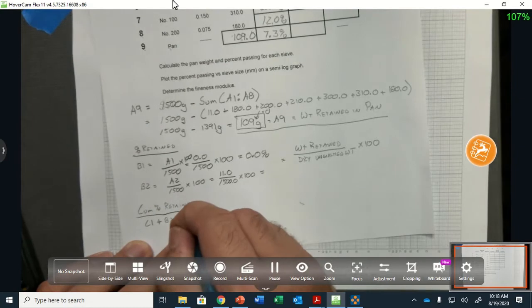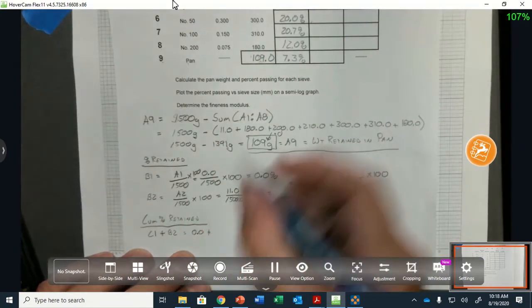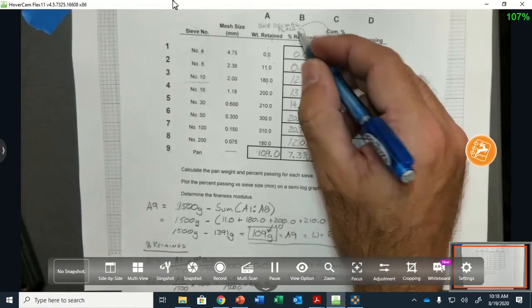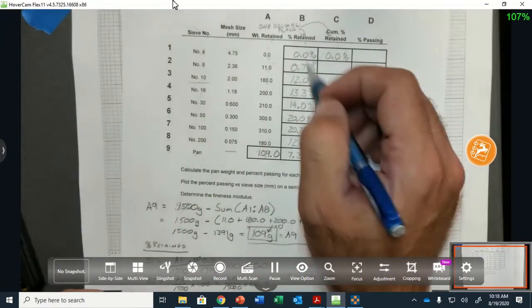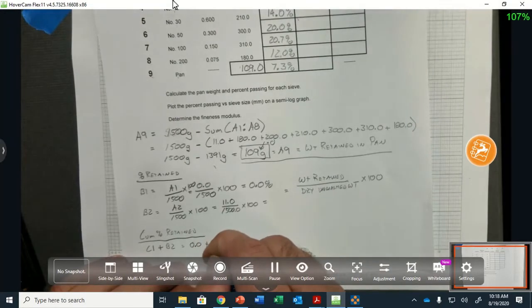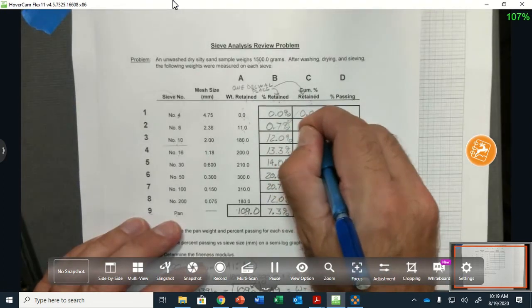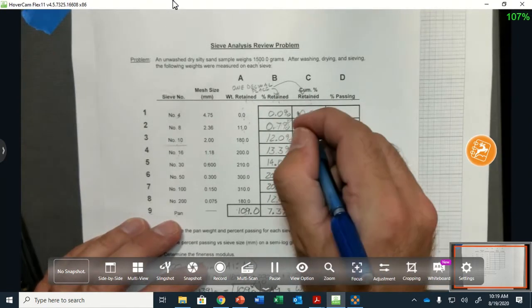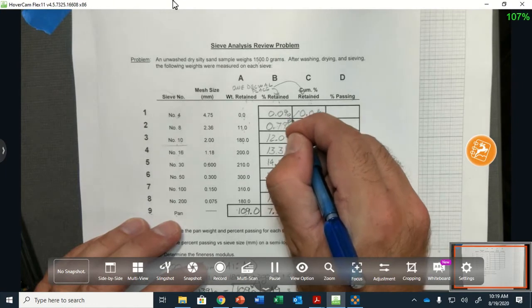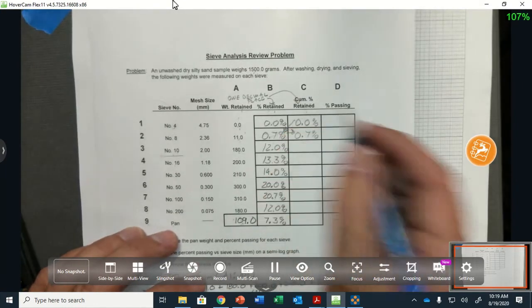So that equals 0.0 plus B2, so here's number 2, B2, plus 0.7 equals 0.7%, okay? So basically I took this one, added to there, that equals that number.